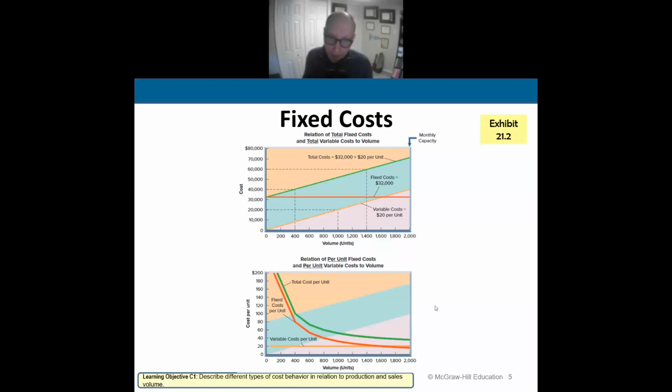This also means that my total cost per unit, which is fixed cost per unit plus variable cost per unit, is also decreasing with the additional units being produced. Do you see the relationship? Does it make sense?